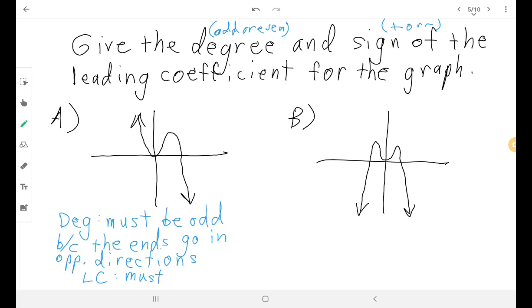The leading coefficient must be negative. And how do I know that? Well, here's how I know that. Because the first end comes down.